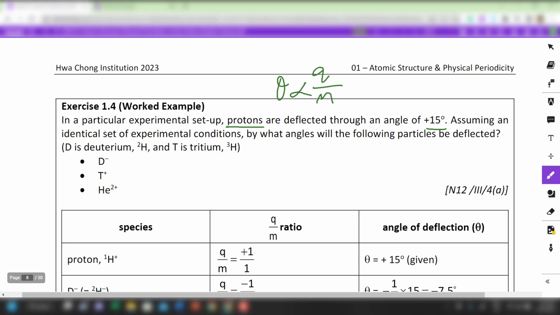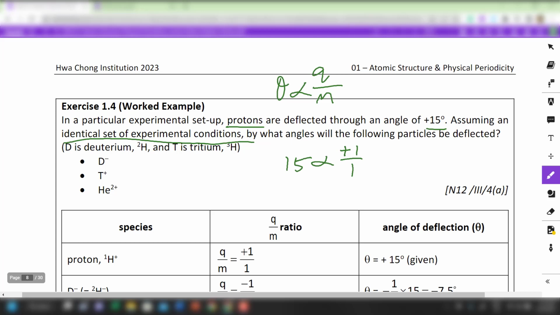For protons, the angle of deflection is 15, directly proportional to the charge over mass. The mass of a proton is 1, and the charge is plus 1 as well, so this is plus 1 over 1. Assuming an identical set of experimental conditions, the proportionality constant will be cancelled out if you divide them. By what angles will the following particles be deflected?